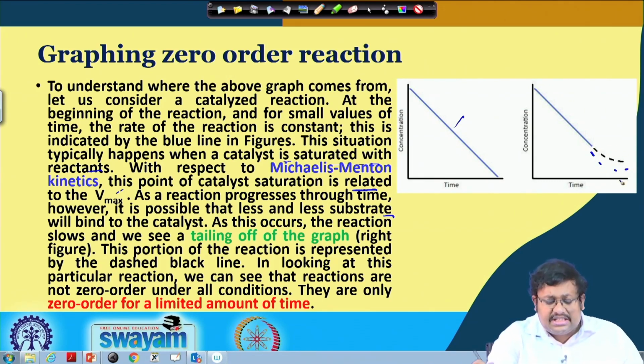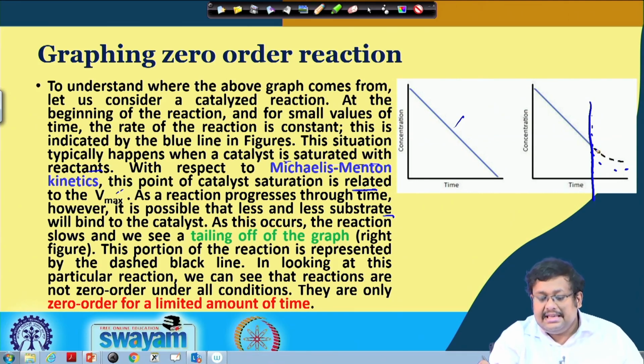Looking at this particular reaction, we can see that it is not zero order under all conditions; it is only zero order for a limited amount of time. This reaction follows the zero order law for a brief period of time up to this point, and after this it follows some other order of reaction.